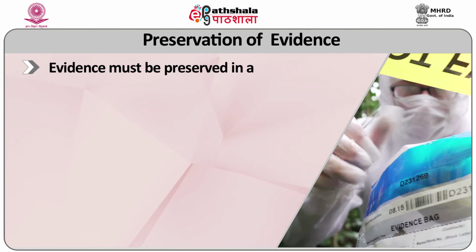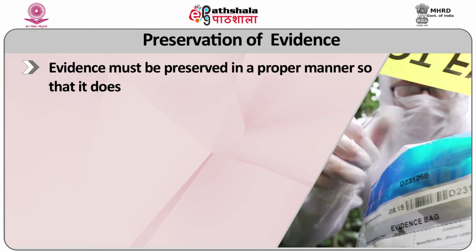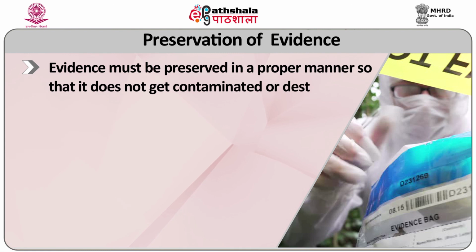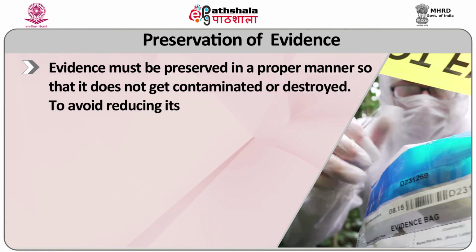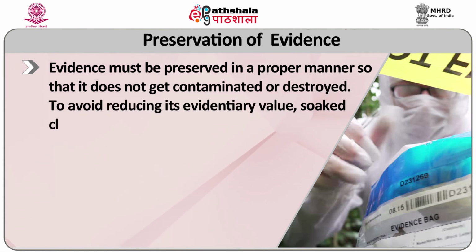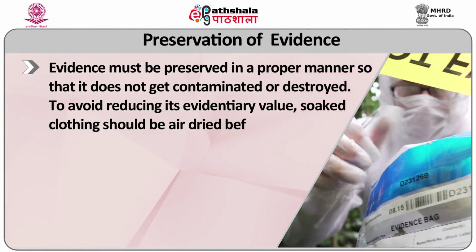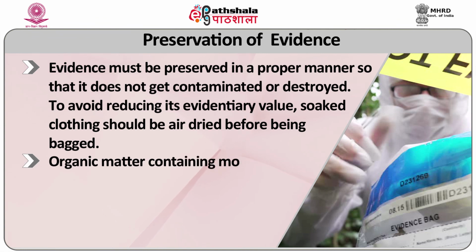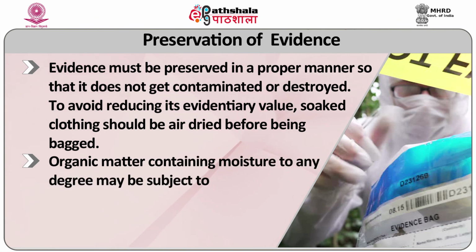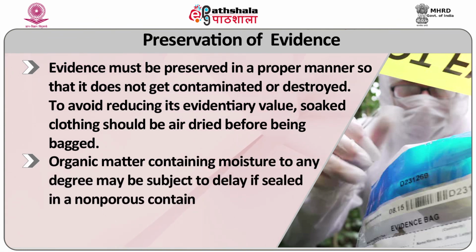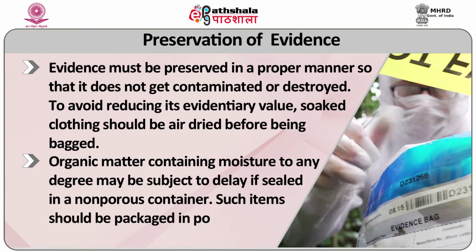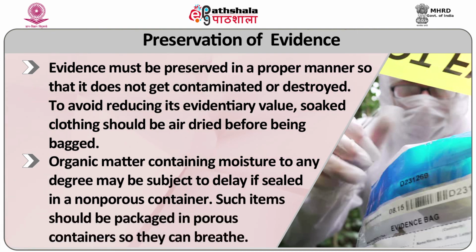Evidence must be preserved in a proper manner so that it does not get contaminated or destroyed. To avoid reducing its evidentiary value, soaked clothing should be air dried before being bagged. Organic matter containing moisture to any degree may be subject to decay if sealed in a non-porous container. Such items should be packaged in porous containers so they can breathe.